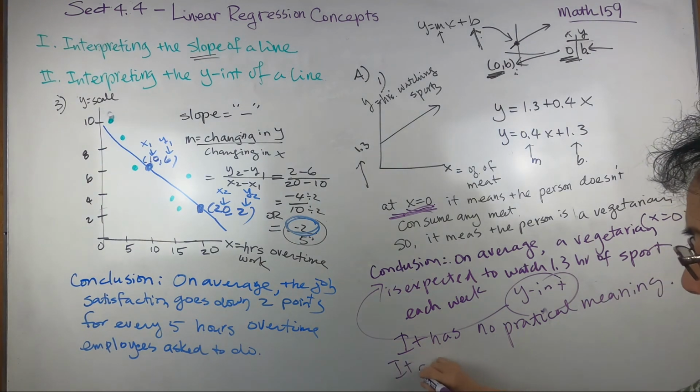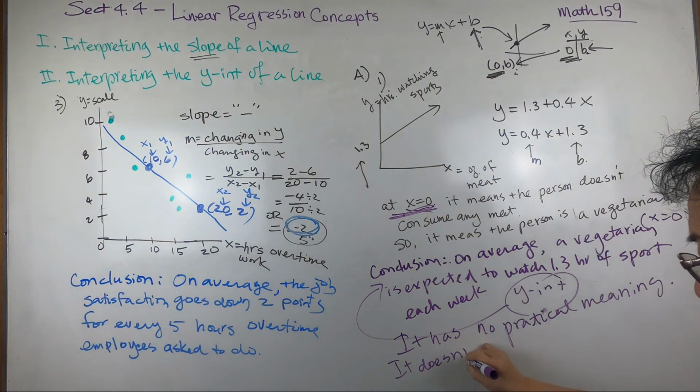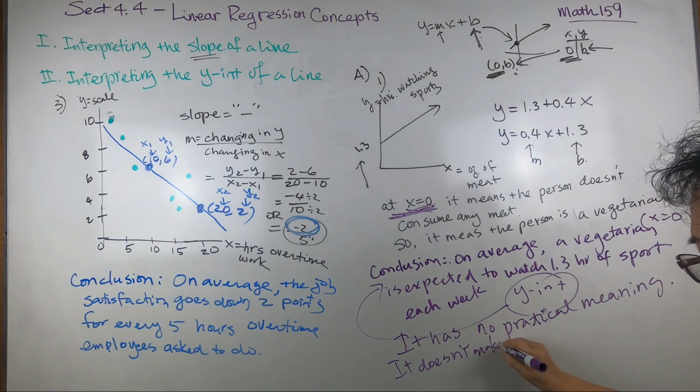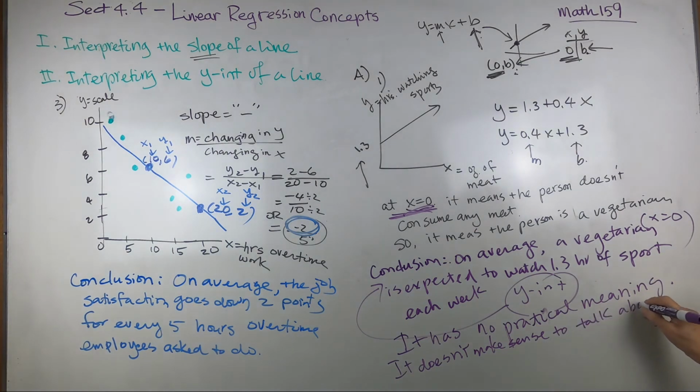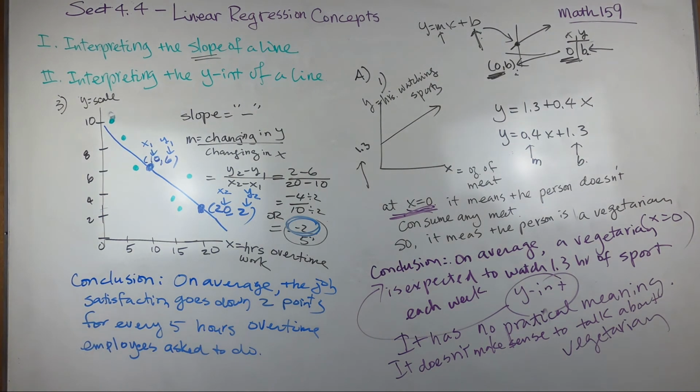It doesn't make sense to talk about vegetarians, right? Because that's not our study. Our study is talking about the relationship between the person eating the meat and how many hours they watch sport each week.